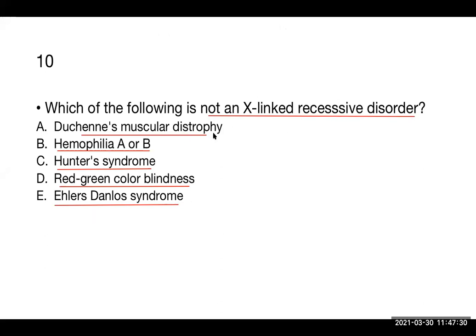Duchenne muscular dystrophy is a disease which occurs in a male child. So this is X-linked recessive disorder. In this condition, the calf muscle or the muscle in the lower limbs are so much atrophied, or sometimes they are replaced by the fatty tissue or fatty cell, and sometimes they look a bit bigger in size, but actually they are filled with fatty cell.